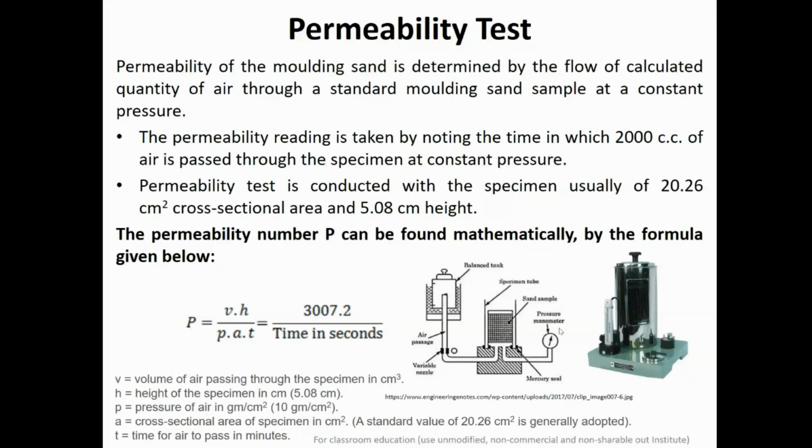There is a balance tank made of stainless steel, and the whole tank is also made of stainless steel. This balance tank has markings from 0 to a maximum level, and within this volume approximately 2000 centimeter cube of air is present, and it also has some weight.